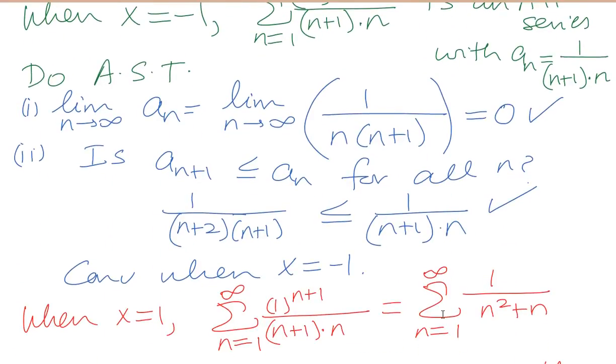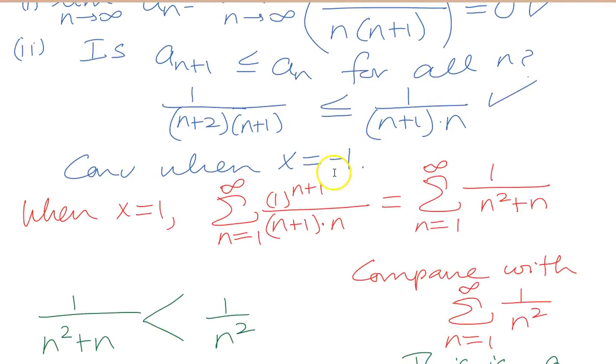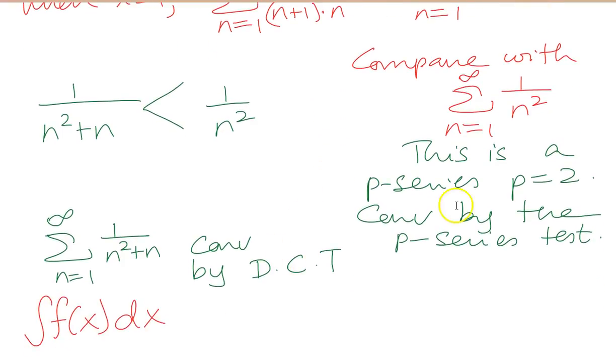We confirmed that it converged at the left-hand endpoint and also at the right-hand endpoint. So the integral of f of x converges on [-1, 1] at both endpoints, guys. Please be sure to put brackets. Okay, that completes part A.